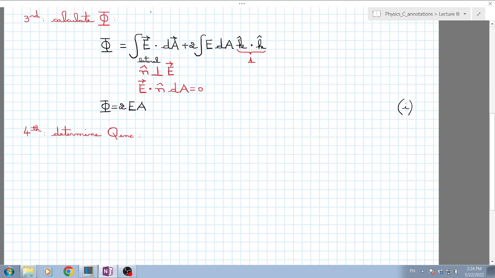We know that the surface charge density is just the ratio between the charge and the area. So that means we can write the enclosed charge as sigma times the area.